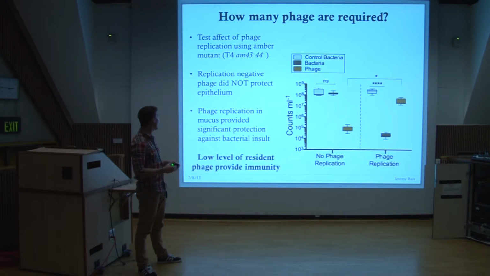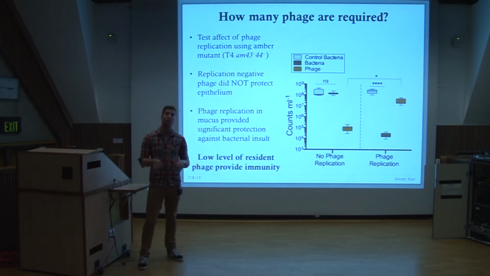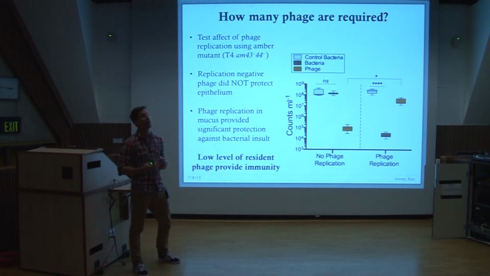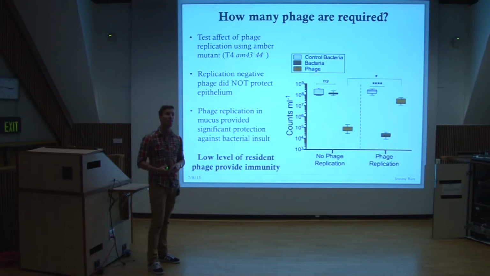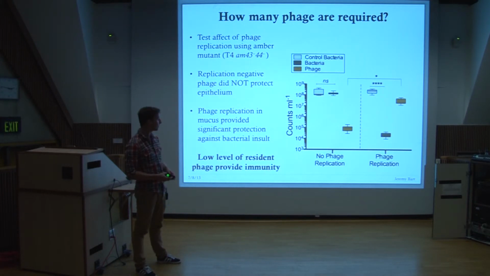Or in other words, we only require a very low level of resident phage immunity, phage present within that mucosal surface, to mediate that protective immunity. And this becomes important when we start to consider in vivo phage diversity. So if you imagine a mucosal surface with a large number of diverse phage, it only requires one infective phage to attack and kill a pathogen to enable this rapid amplification and protection.